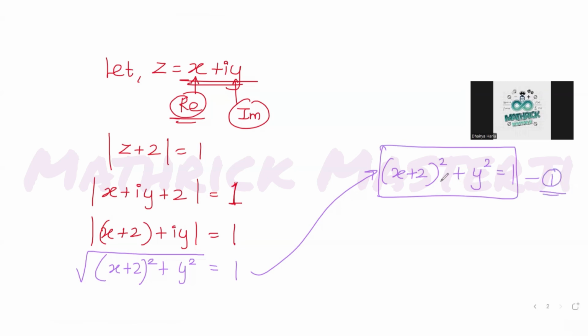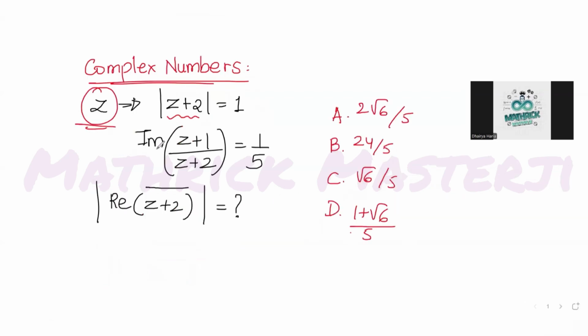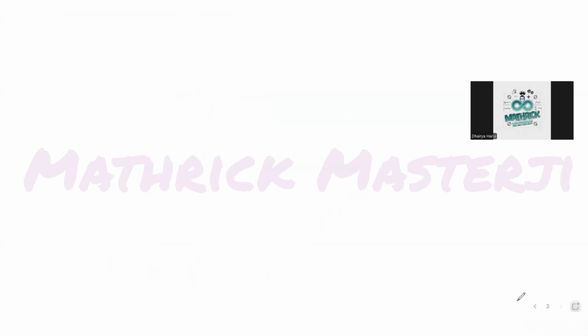So I have the first equation in terms of x and y. Because there are two variables, I should have two equations for them to be solved. Let's try to get the other equation then. The other condition tells me the imaginary part of (z plus 1) over (z plus 2) is 1 over 5.